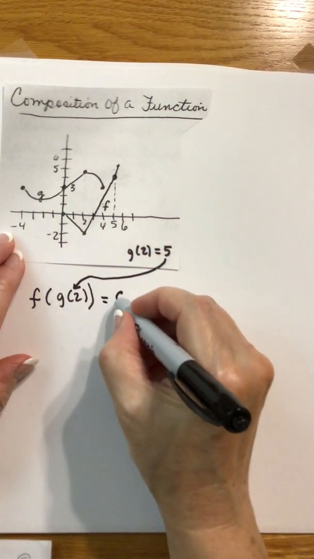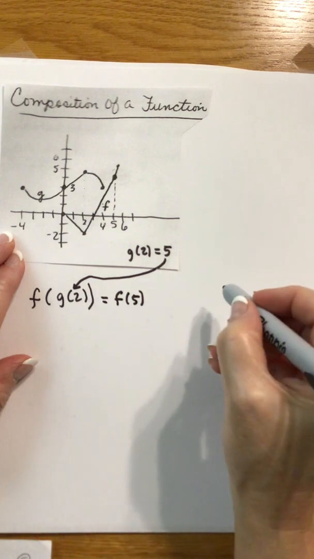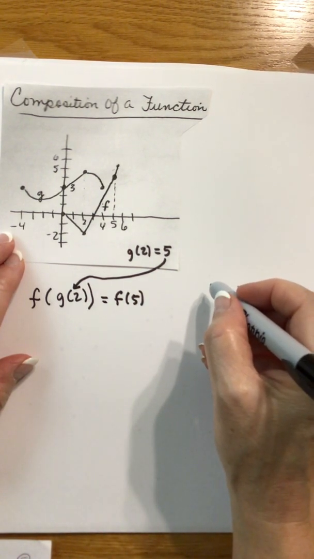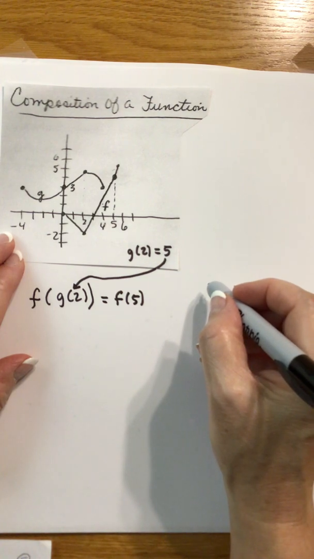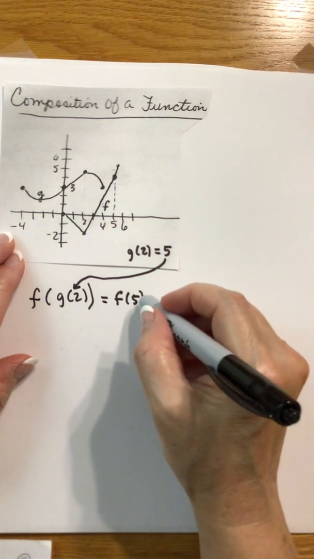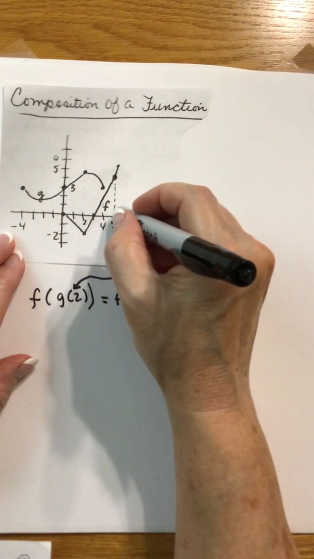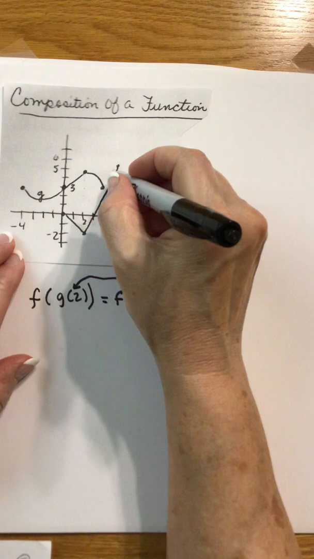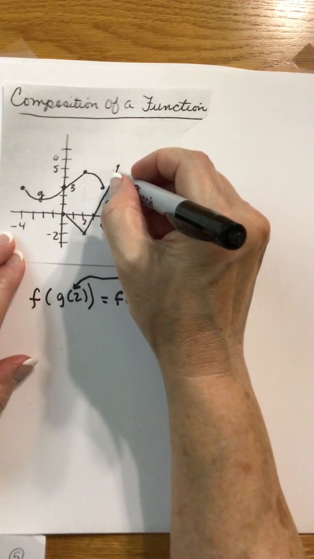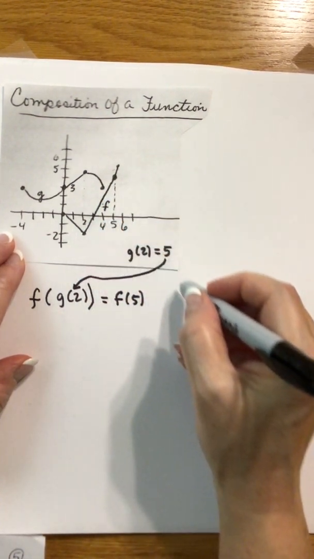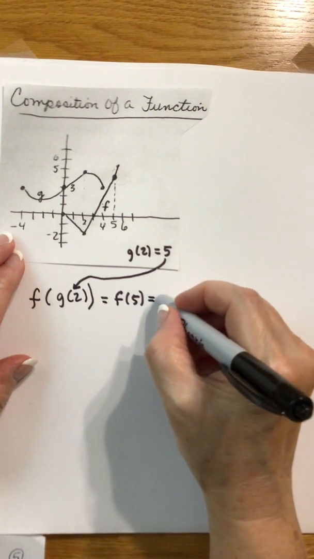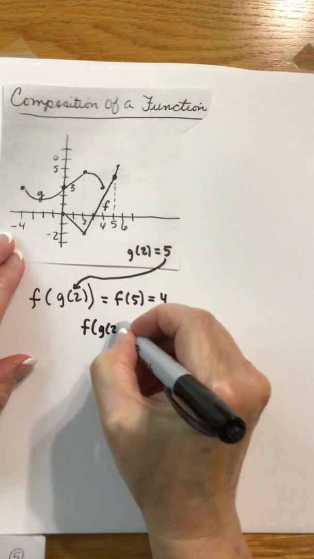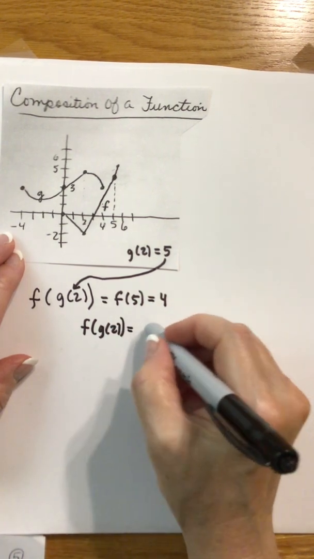So I get f of 5. But I'm not done yet because I need to know what f of 5 is. So I go over here to f of 5. 5 again is my x. So I go to 5 and I go up until I'm straight up here. It looks like it stops at 4. So my f of 5 is going to be 4. So my answer for f of g of 2 equals 4.